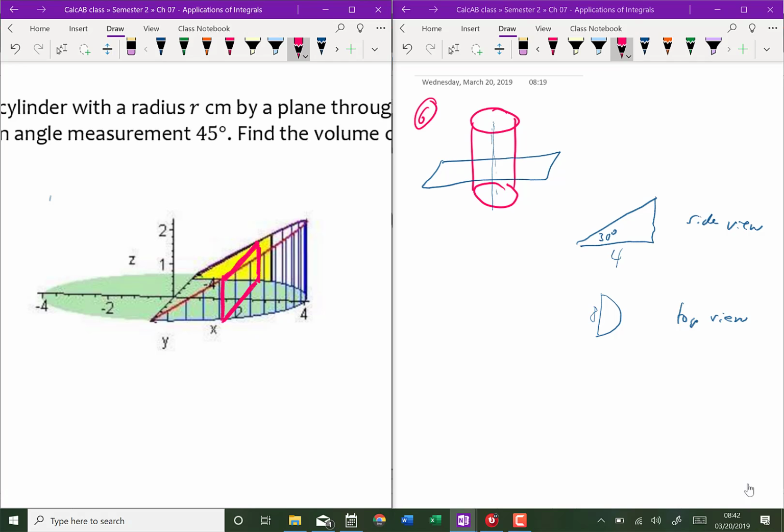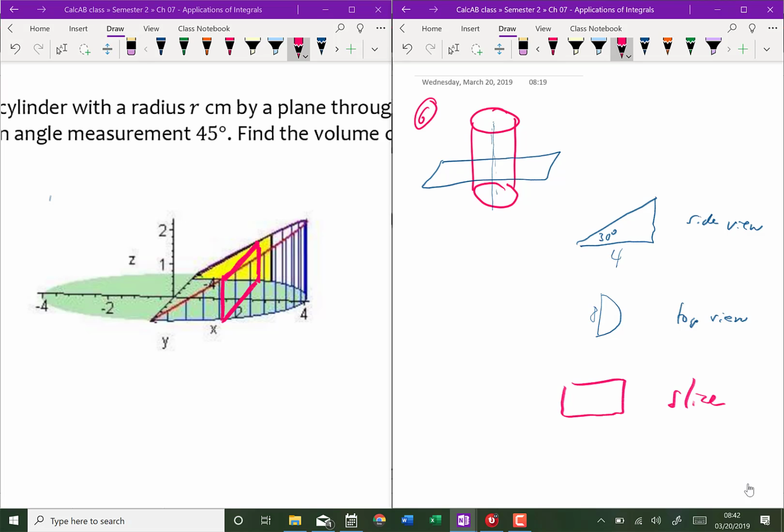A rectangle. The slice is going to be a rectangle. As it slides left and right, its dimensions are going to increase and decrease a little bit, but it's going to be a rectangle. So let's pull a slice view out, and I'm going to have a rectangle like this.